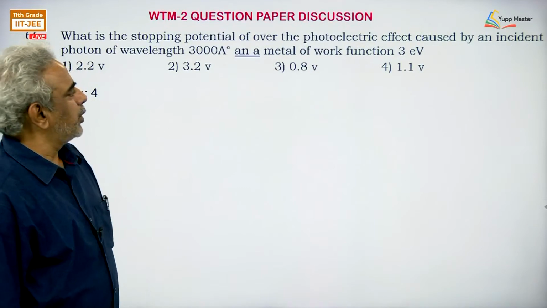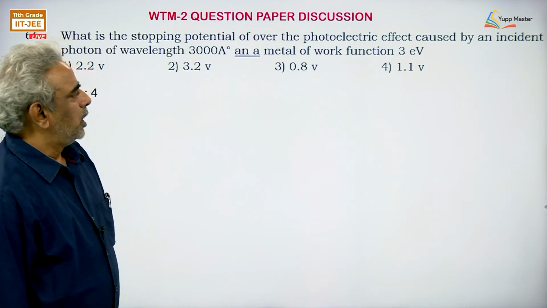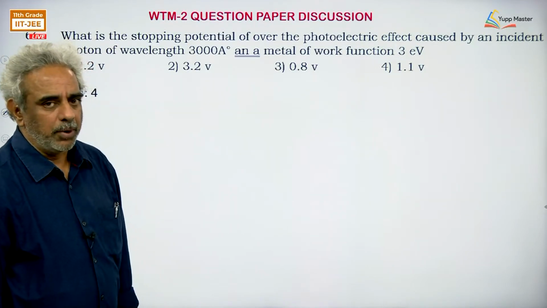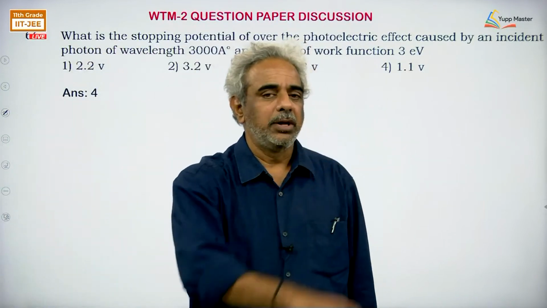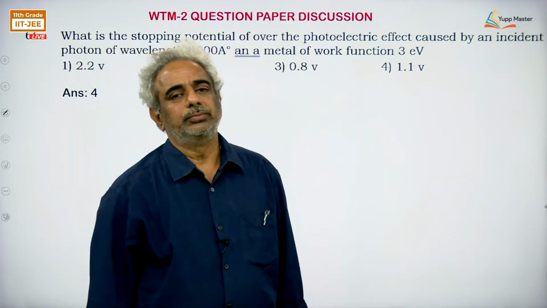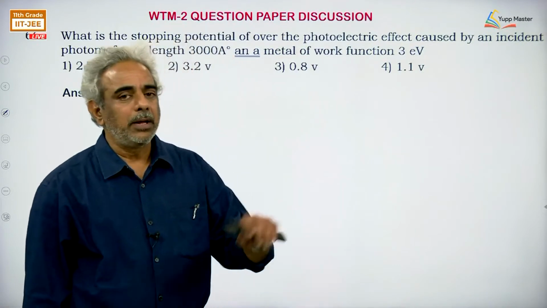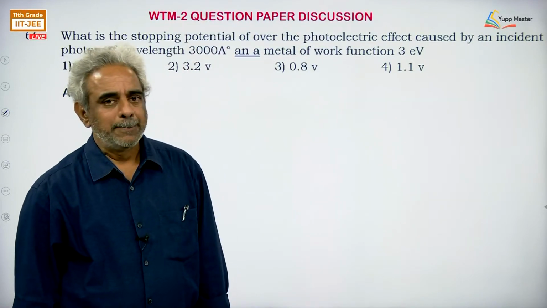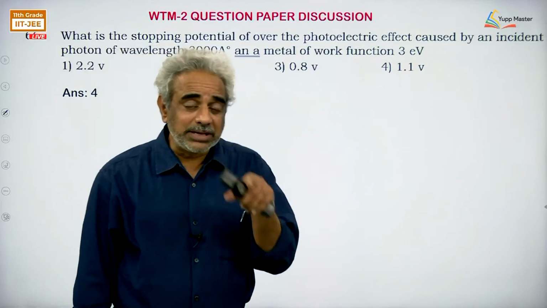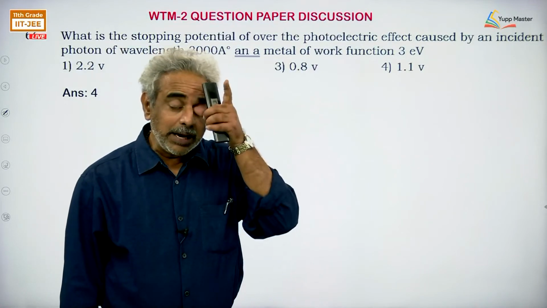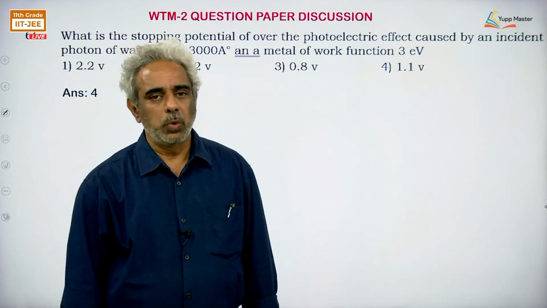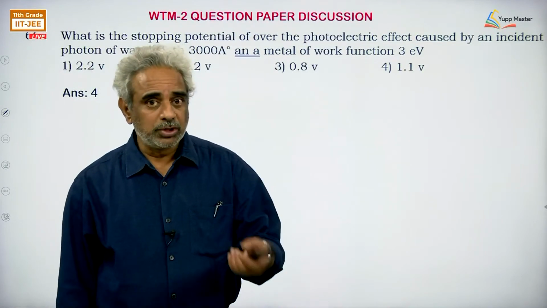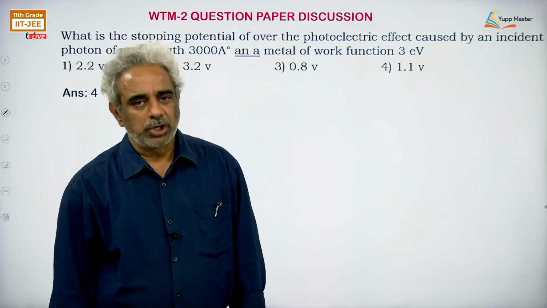What is the stopping potential in the photoelectric effect he is asking about? I mentioned that during the photoelectric effect, an electron is ejected. If you want the electron not to come out, you need to apply a reverse potential to it. And because it is an electron, the kinetic energy of the ejected electron, in electron volts, will be numerically equal to the stopping potential.